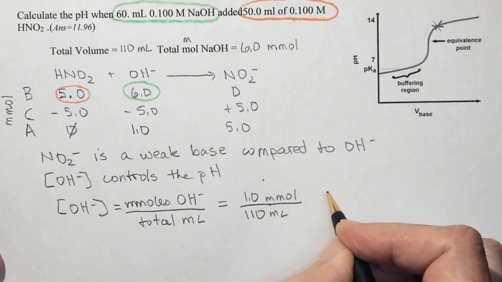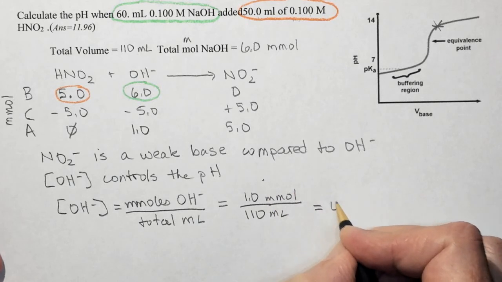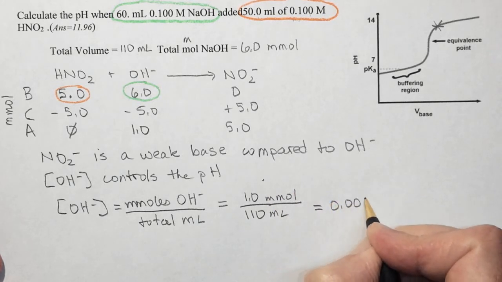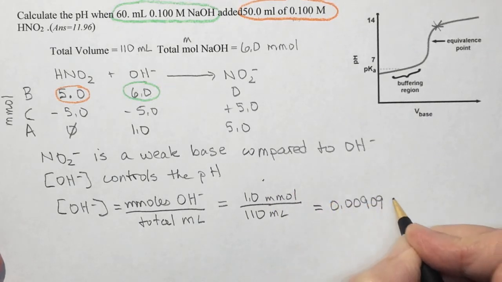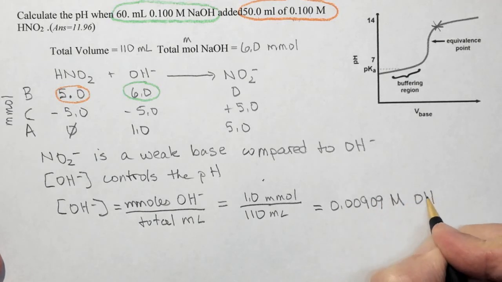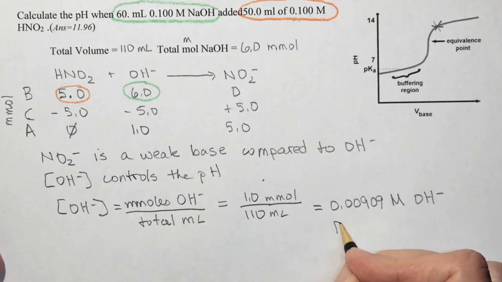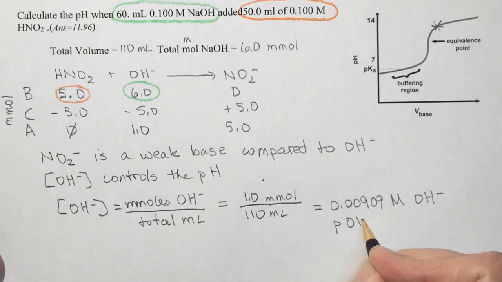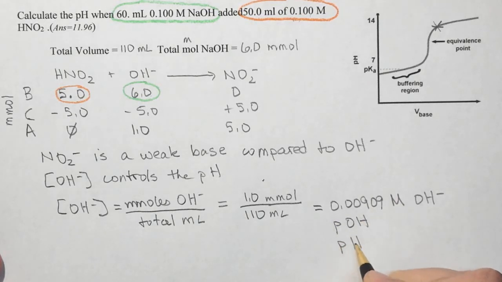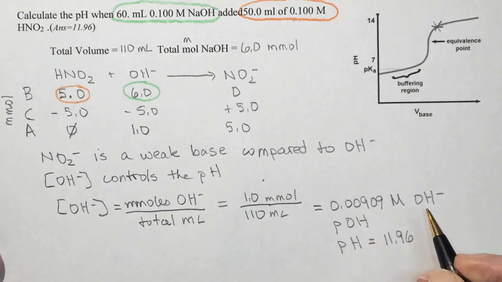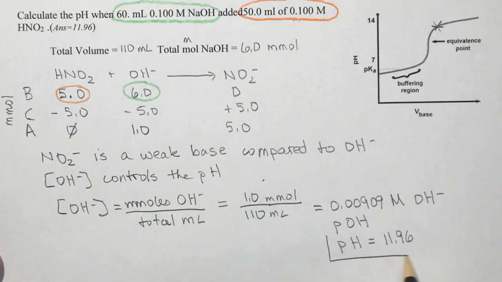And when we calculate that, our molarity, before we do sig figs, is 0.00909 molar hydroxide ion. We're going to calculate the pOH, and after that, we'll calculate the pH, and it turns out that our pH is equal to 11.96. And there we've got our final answer.